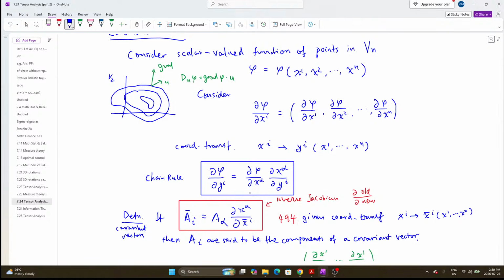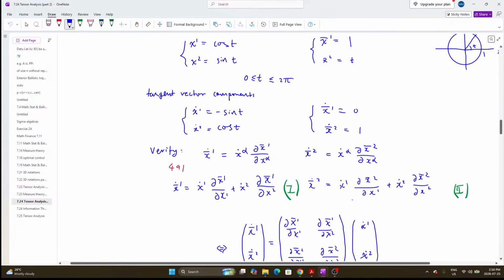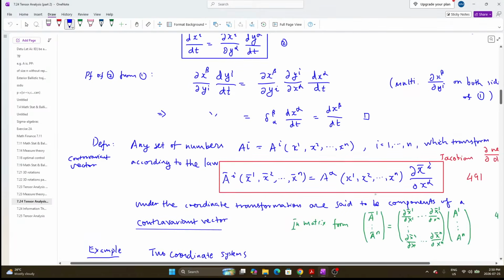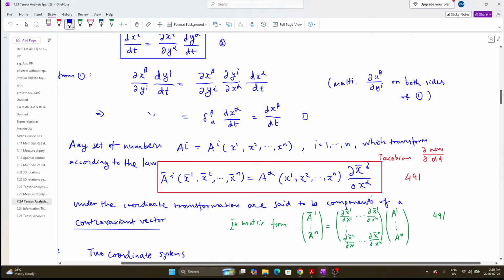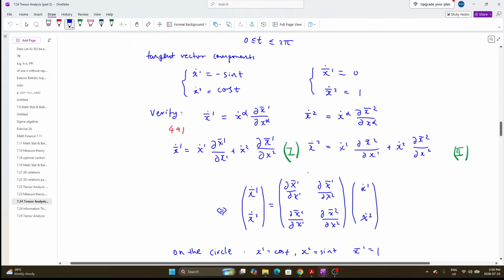To transform the components of a covariant vector, you use the inverse Jacobian. I wrote d old over d new, where x alpha is an old coordinate and x bar is a new coordinate. Earlier, the contravariant vector component transforms according to the forward Jacobian, d new over d old. Therefore, they are different kinds of objects.